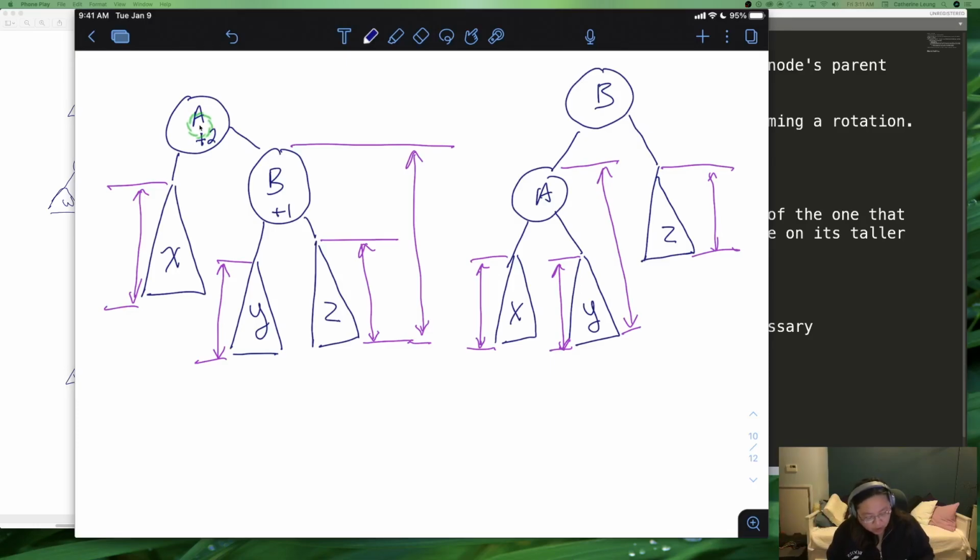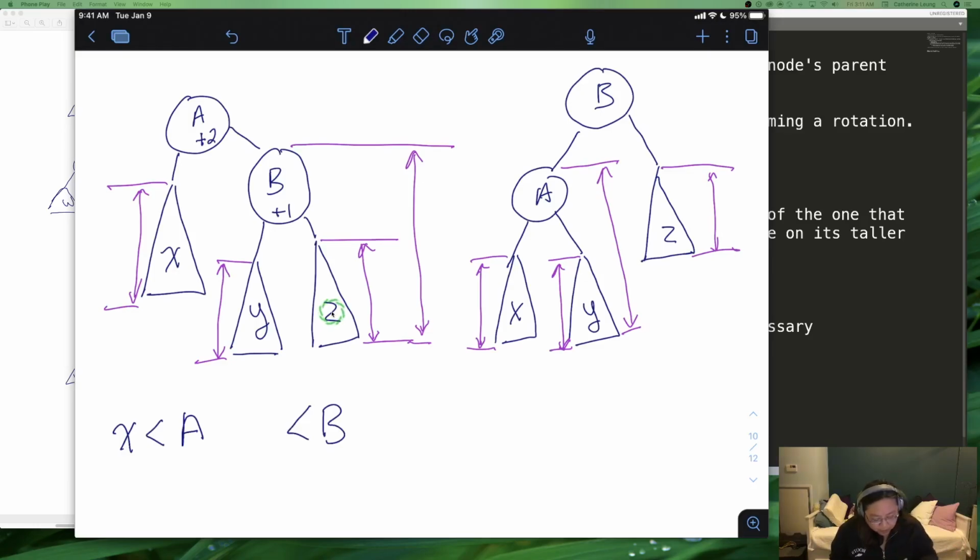So what I know about the initial subtree is that everything in X must be smaller than A. Now, by the same idea, everything in the subtree B, that's B and everything in Y and Z, is definitely bigger than A. Otherwise, it wouldn't be to the right of A.